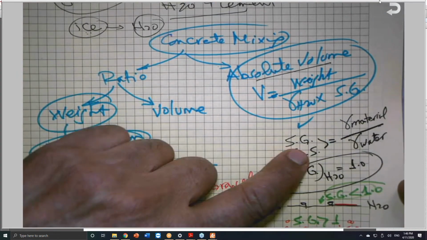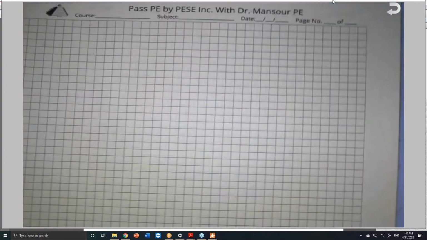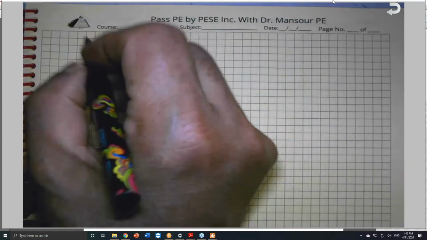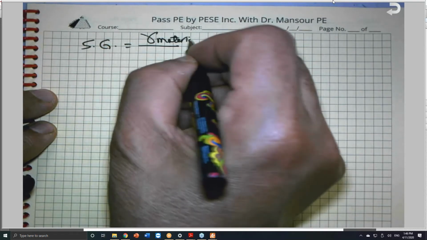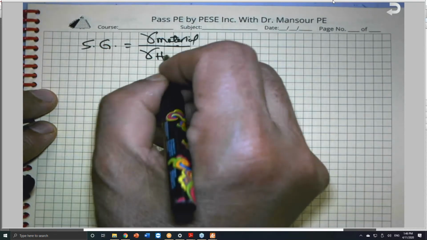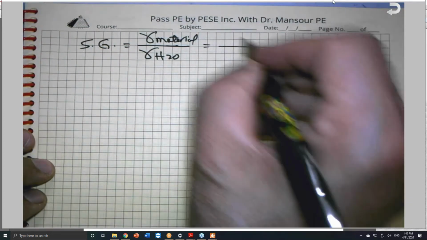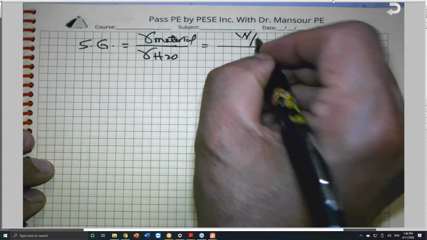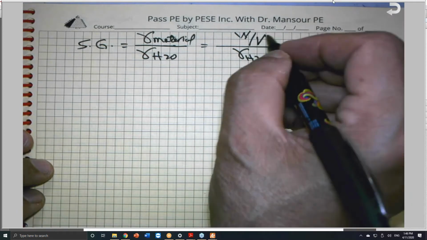Anyhow, this equation is not strange. The absolute volume, you can derive it even if you forget it. You can say, wait a second, I remember from physics in school that the specific gravity is equal to gamma material, whatever the material is, over gamma water. But what is gamma? Gamma is weight over volume. I can solve for the volume.